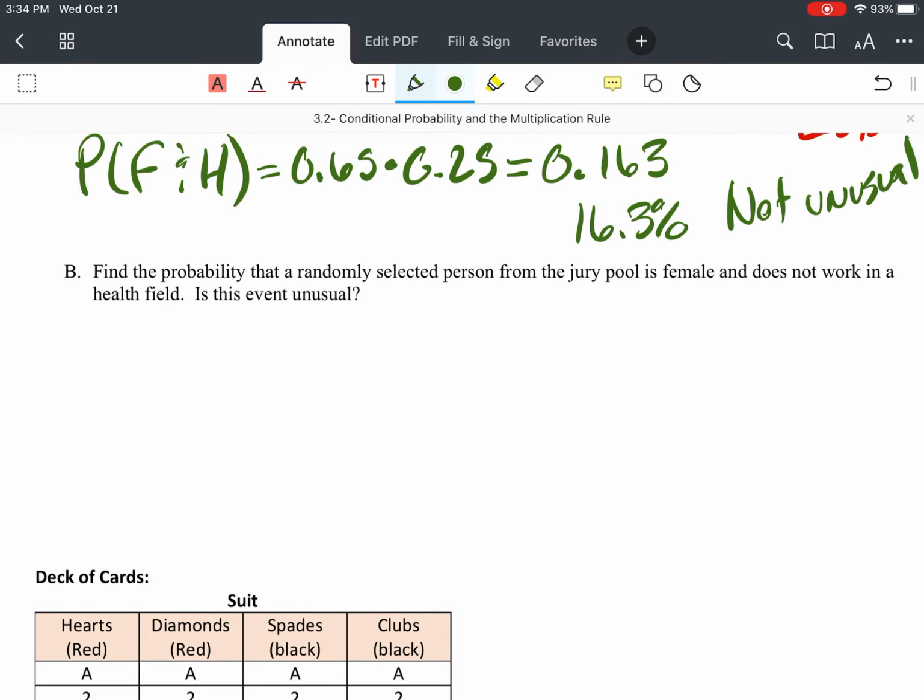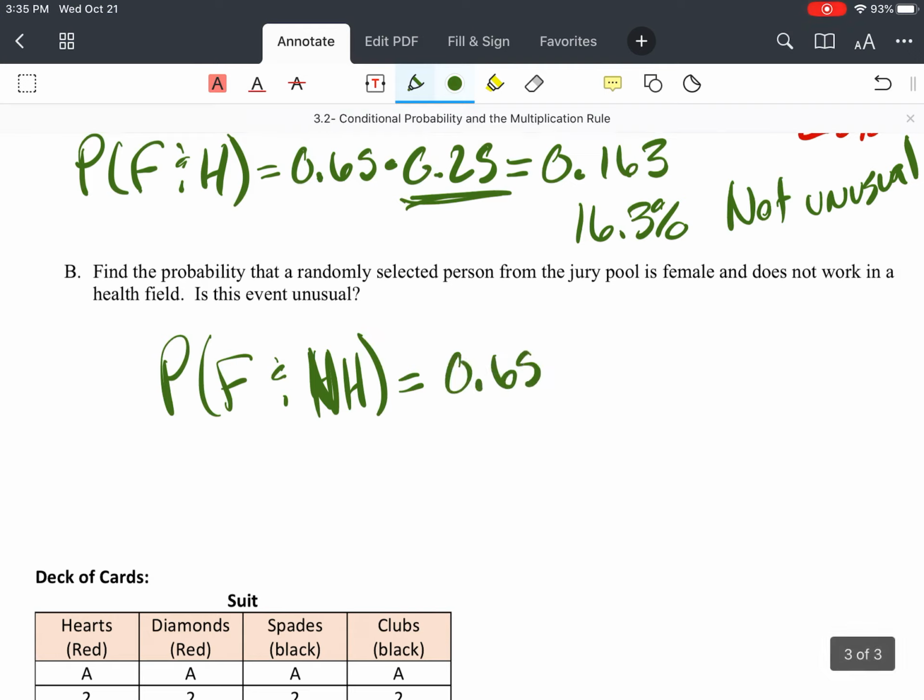In this next example, what's the probability that we randomly select a person from the jury pool that is female and does not work in the health field? And is this unusual? To determine this, we know that the probability that they're female is 65%, and the probability that they do not work in the health field is the complement of 25%, so it'd be 75%.